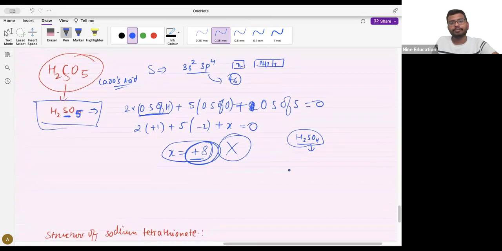See the difference. What is the mistake here? You have taken the oxidation state of all 5 oxygens to be -2, which is not correct.